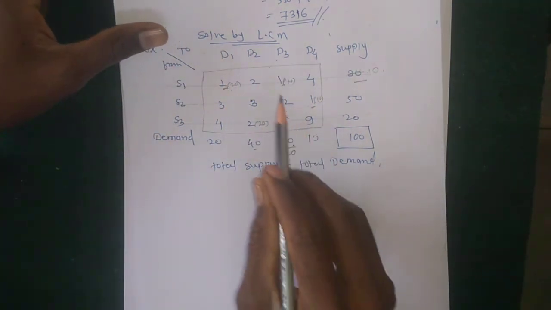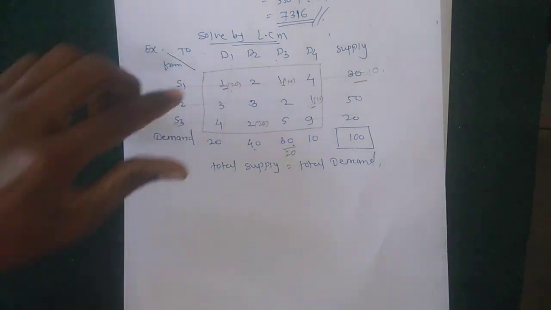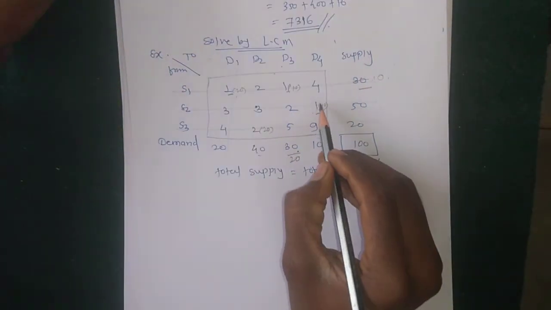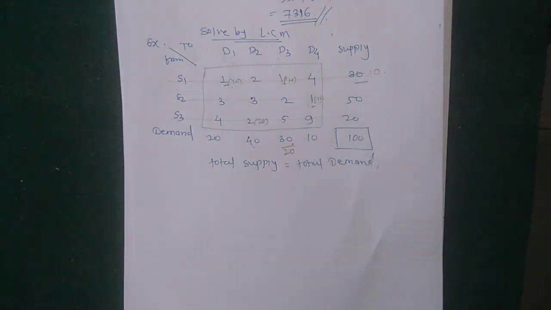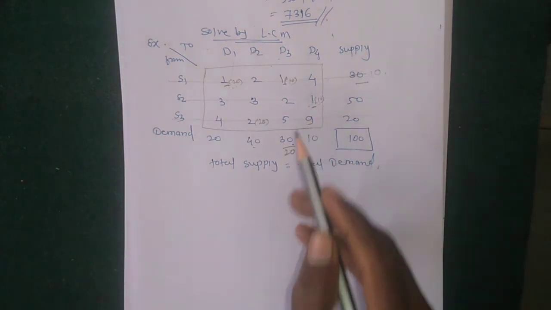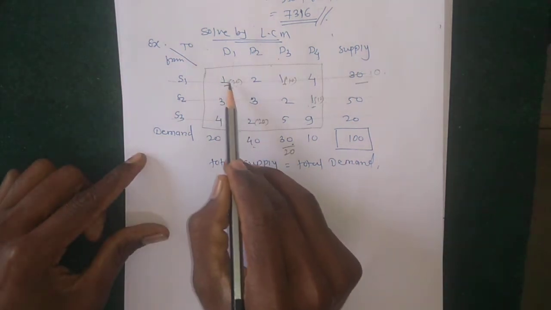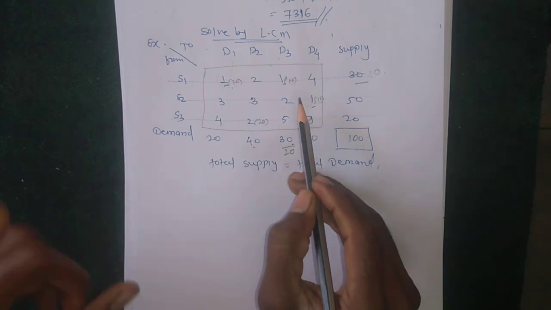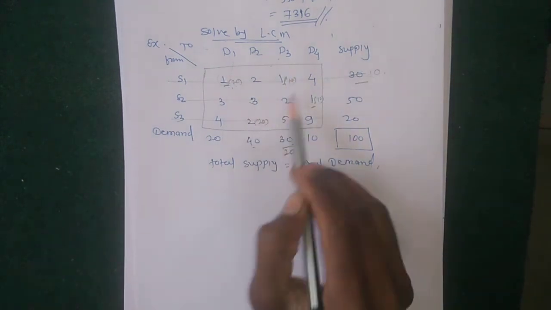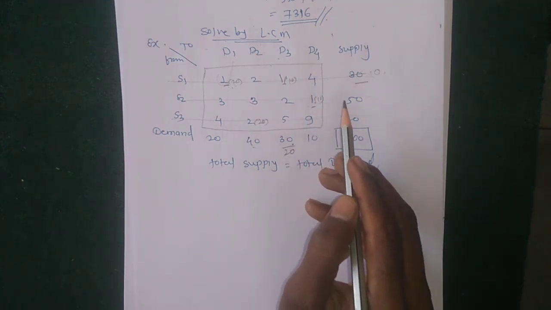That is not equal to m plus n minus 1. If the row and column are both satisfied simultaneously for the smallest element, then we have to select the cell where the maximum allocation can be made. If we select this row, only the minimum allocation remains, which is not equal to m plus n minus 1.